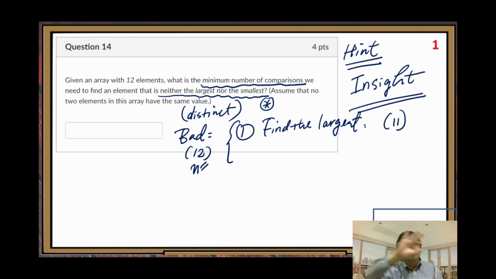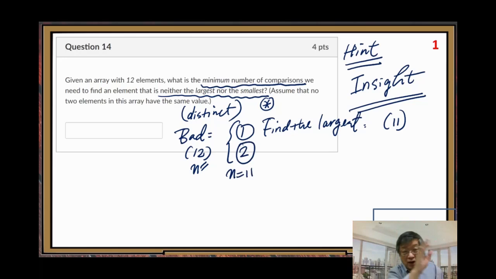Now you remove the largest one. You throw away the largest element. The remaining 11 elements do not include the largest, right? So in step 2, this time your n equals 11.